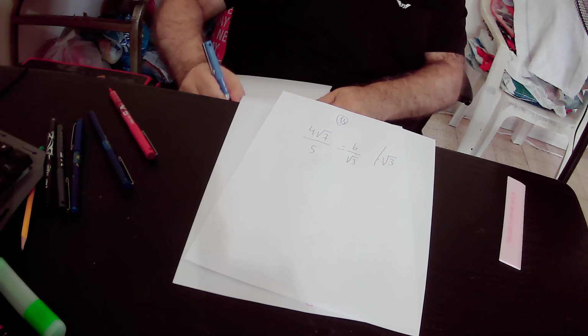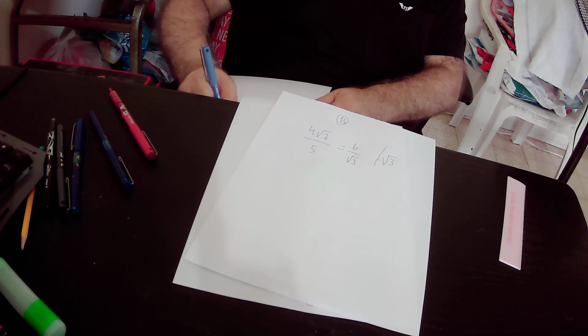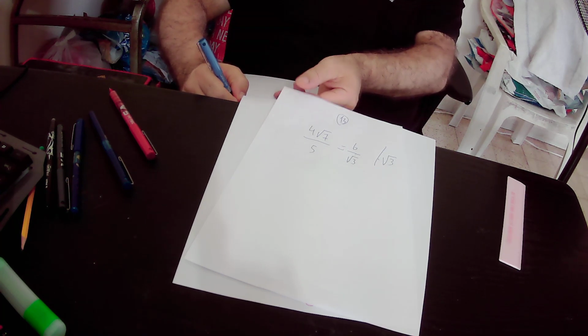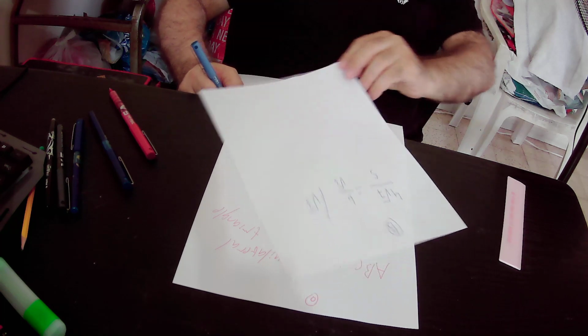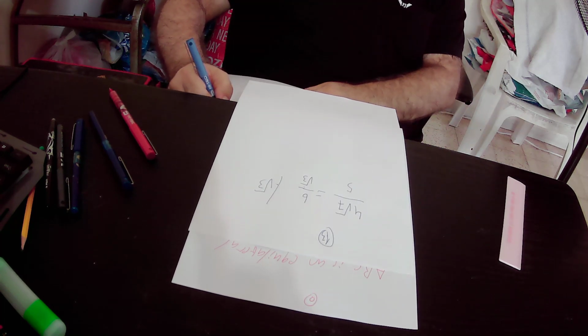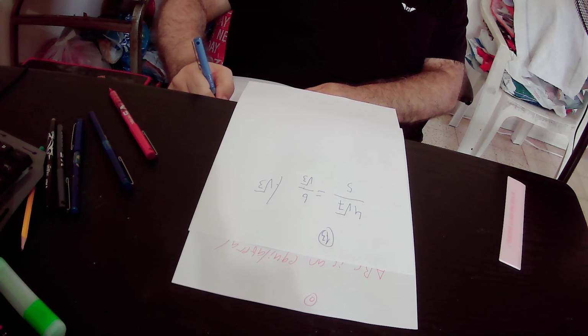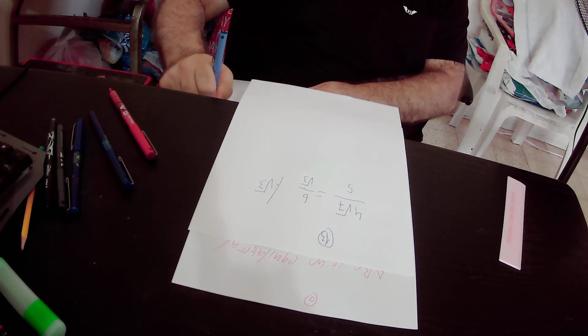So we will get that the value of b is 4 times root 7 times root 3 over 5 units.